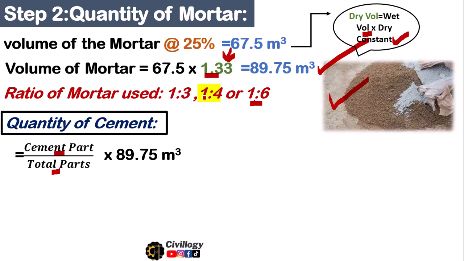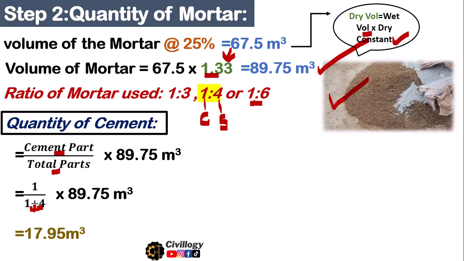Here 1 is for cement and 4 is for sand. So the cement part 1 divided by total parts, which is the sum of the ratio 1 plus 4, and by simplifying we get 17.95 cubic meters of cement required for this wall.